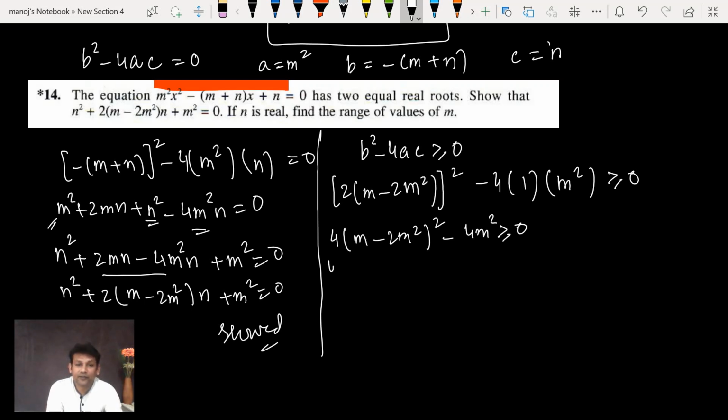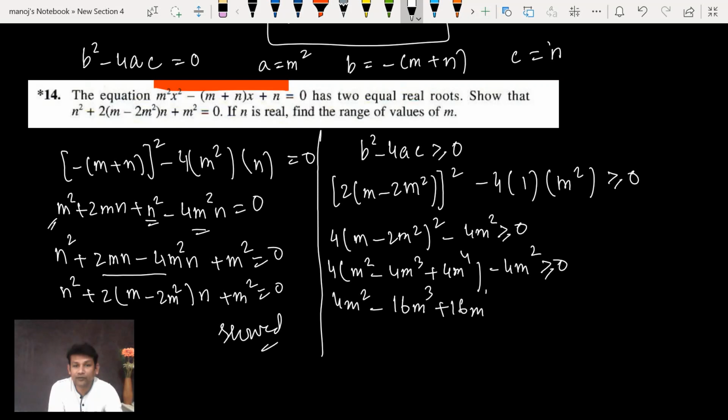I have to expand this using the formula: m square minus 2 times 2 is 4, m is m cube, plus 4m power 4, and minus 4m square. Then 4 times 4 is 16m cube, plus 4 times 4 is 16m power 4, minus 4m square.